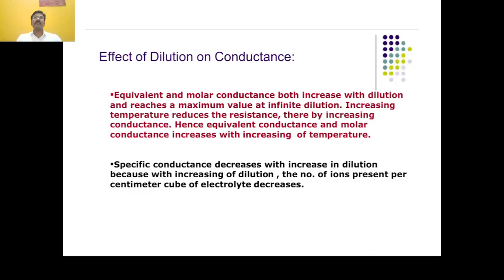That is, the conductance of 1 centimeter cube of the solution of electrolyte is called the specific conductance. When we dilute the electrolyte solution, the number of ions per unit volume decreases, and therefore the specific conductance decreases on dilution.